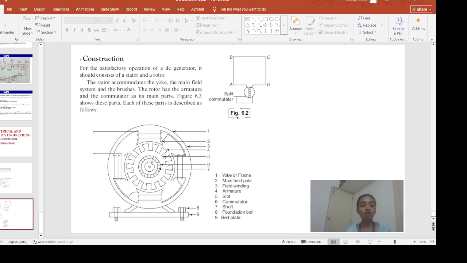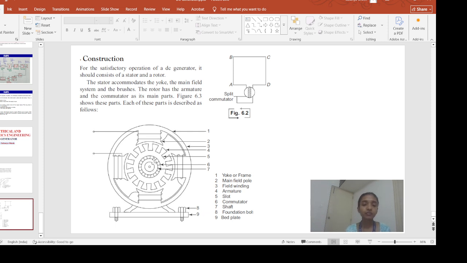Okay, now you can see label number 7 is the shaft. The shaft rotates. That means the armature is mechanically rotating, and this commutator is converting the AC current induced in the armature winding to the DC current. Okay.